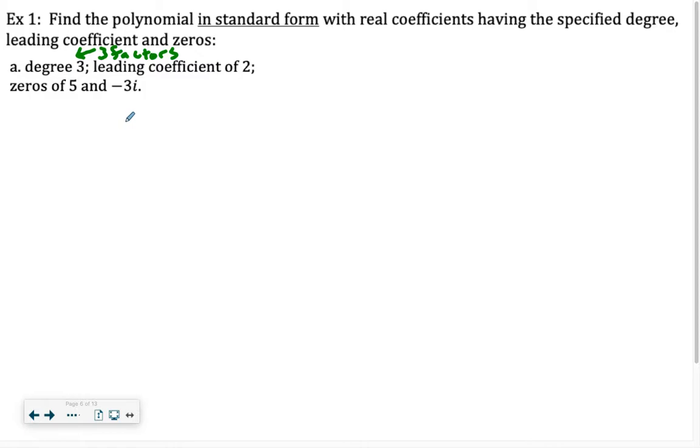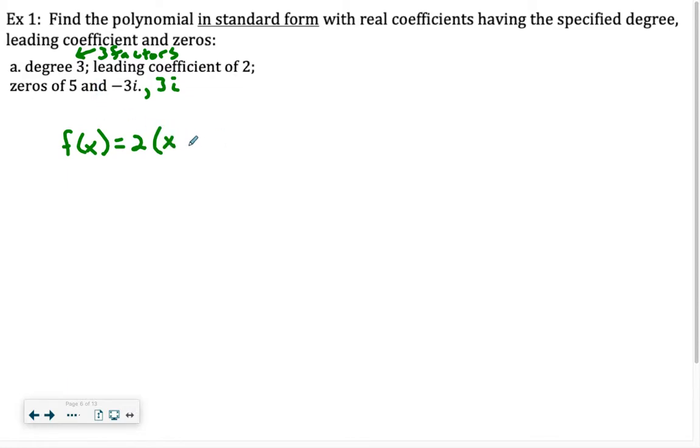Well, up top, we just said in our conjugate pairs theorem that if we have an imaginary root, or a complex root, then its conjugate also has to be a root. So if -3i is a root, then +3i also has to be a root. So the way that we're going to write this out, my function is, now I know that my leading coefficient is 2, so I'm just going to throw that out front, and then I'm going to write each of these as a factor.